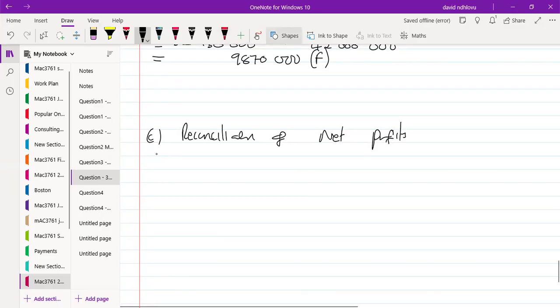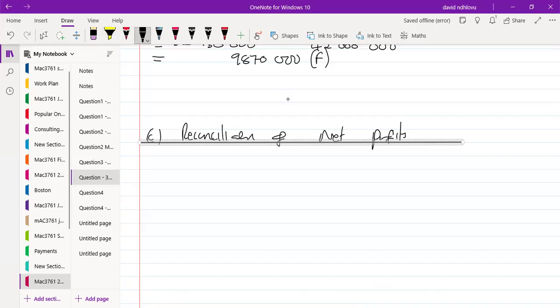With the reconciliation, we are simply saying there is only one major difference between the two calculations, which is the treatment of the fixed manufacturing overhead costs. In absorption costing, the fixed manufacturing overhead cost is included in opening and closing inventory. In the other calculation, the direct method, it is not included in the opening and closing inventory.